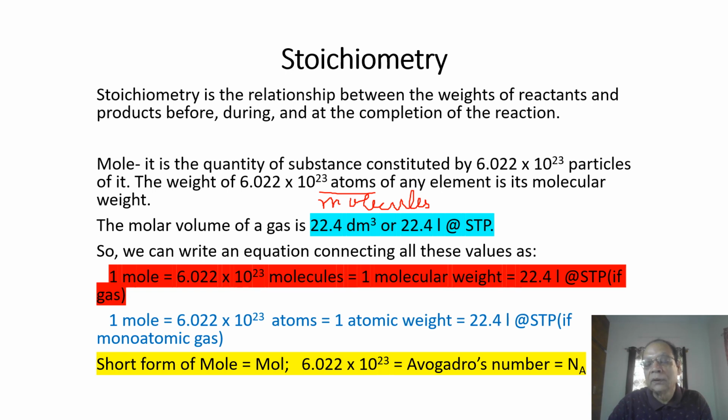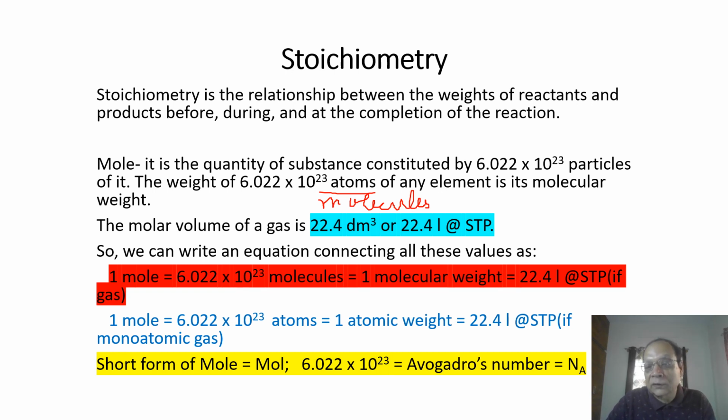This is for compounds and diatomic gases which have 2 atoms in them, like oxygen, hydrogen, nitrogen, fluorine, chlorine, bromine, iodine. 22.4 liters at STP if gas. 1 mole equals 6.022 into 10 to the power 23 atoms equals 1 atomic weight equals 22.4 liters at STP if monoatomic gas like helium, neon, argon, krypton, xenon.